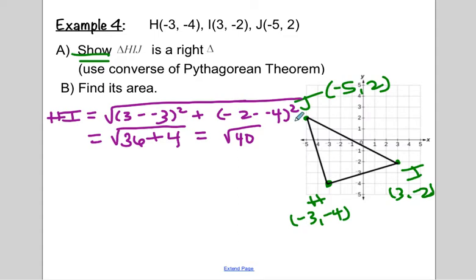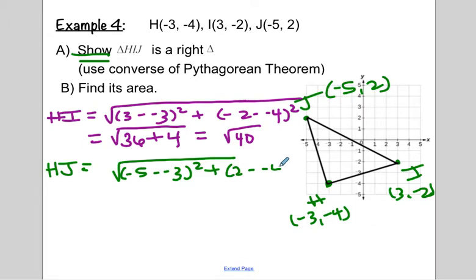I'm going to do the other leg, the one I don't think is the hypotenuse. I'm pretty sure JI looks like the hypotenuse, so I'm going to do HJ. We have -5 minus -3 squared plus 2 minus -4 squared.